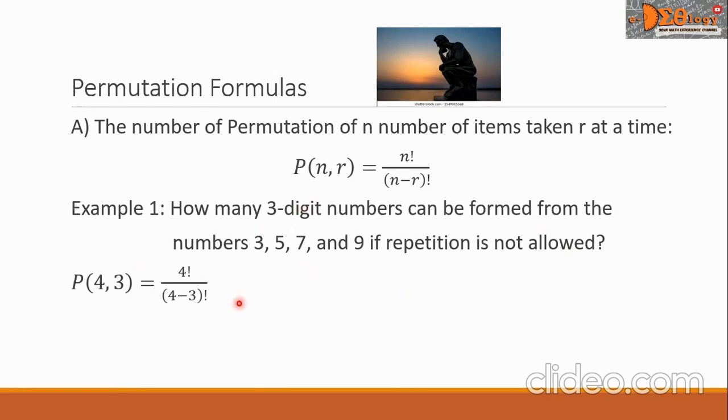Using this formula, let us now write P of 4, because there are 4 digits, namely 3, 5, 7, and 9, comma, and this is 3 because the required is a 3-digit number. This is equal to n factorial, which now becomes 4 factorial, over n minus r, which is now 4 minus 3 factorial. Then let us simplify this 4 minus 3. We have 1 factorial.